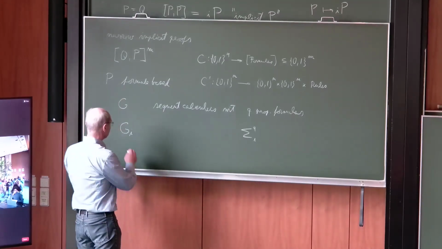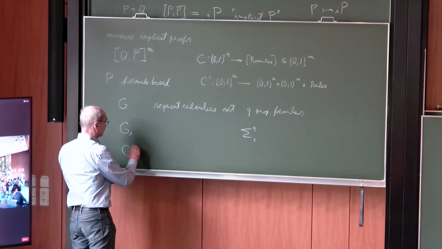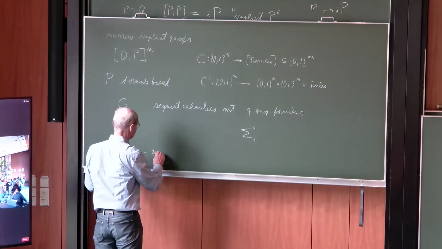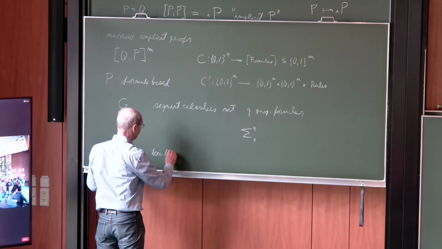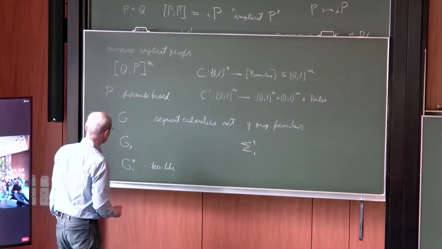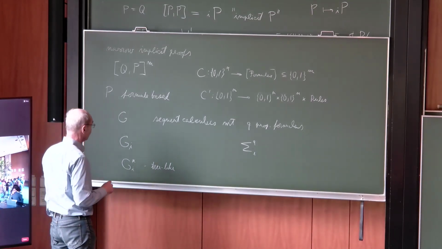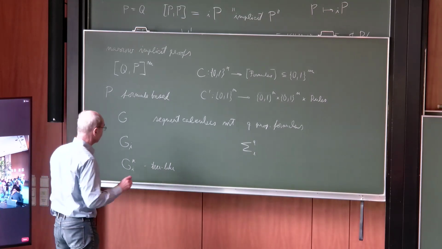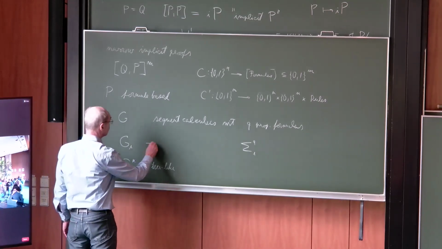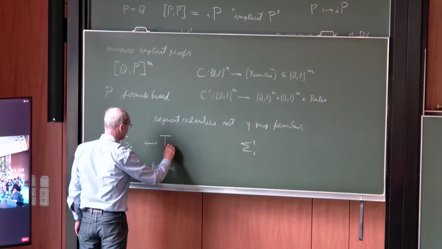So there are also tree-like versions of this. But let me just say that these calculi correspond to particular theories. And the important thing is that this corresponds to theory T through i.